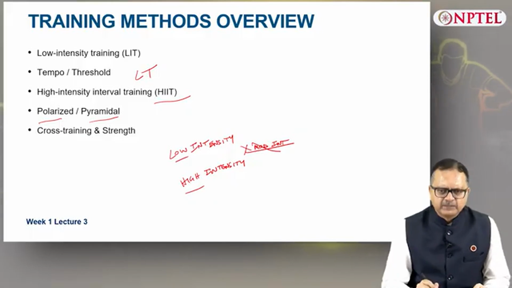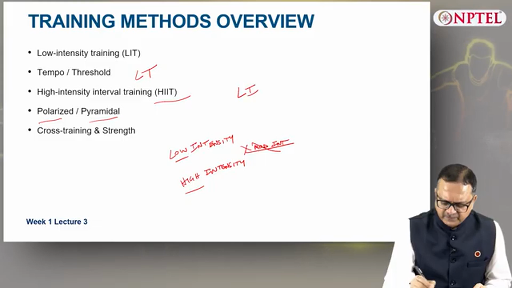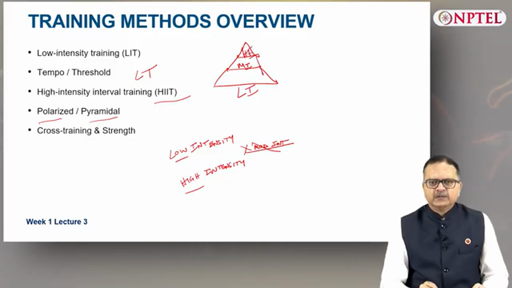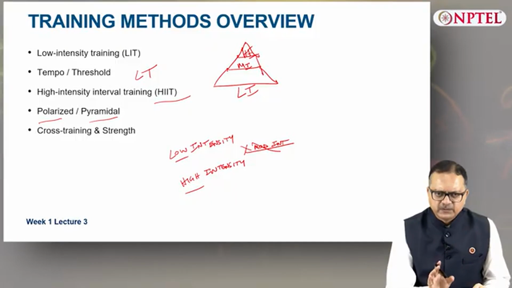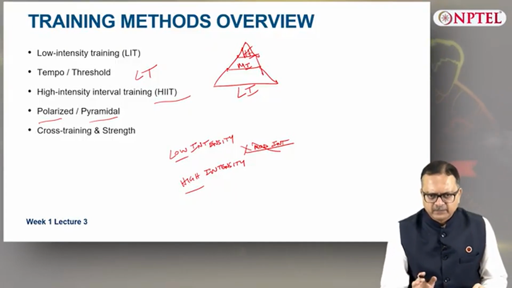In pyramidal training, you will start with low intensity, you make a pyramid. You will go up to moderate intensity and you will ultimately go to high intensity. Now, these are the two different types of training, polarized training and pyramidal training.